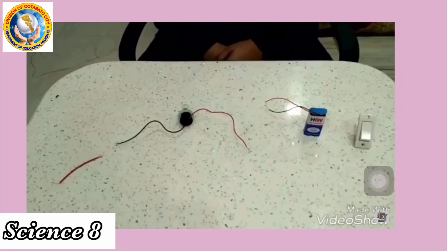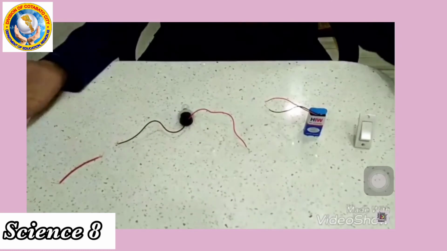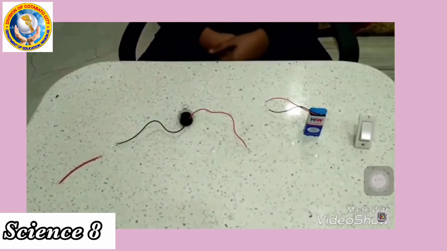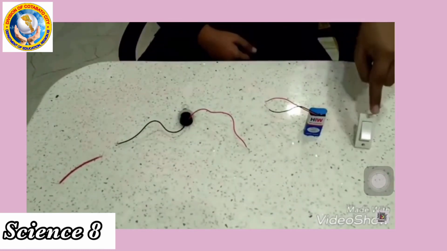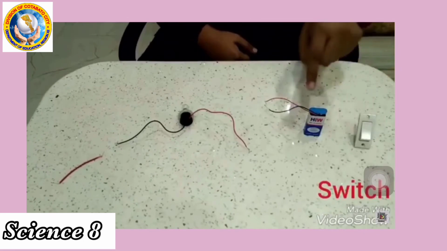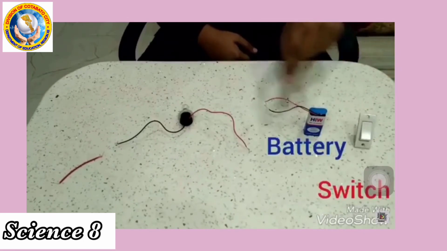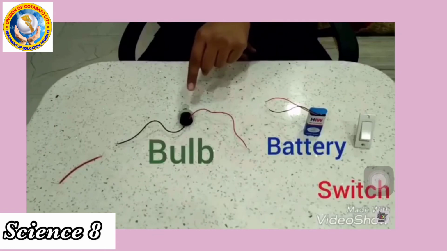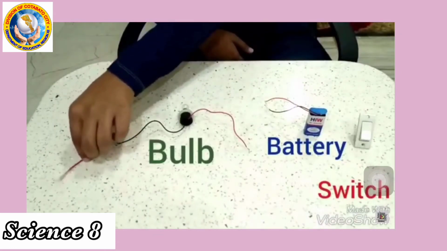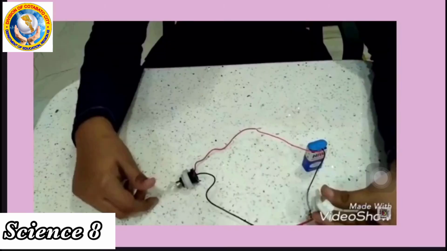Here are the procedures. Number 1. Set up the circuit connections. Switch, battery, bulb, and wire. Next, close the switch.